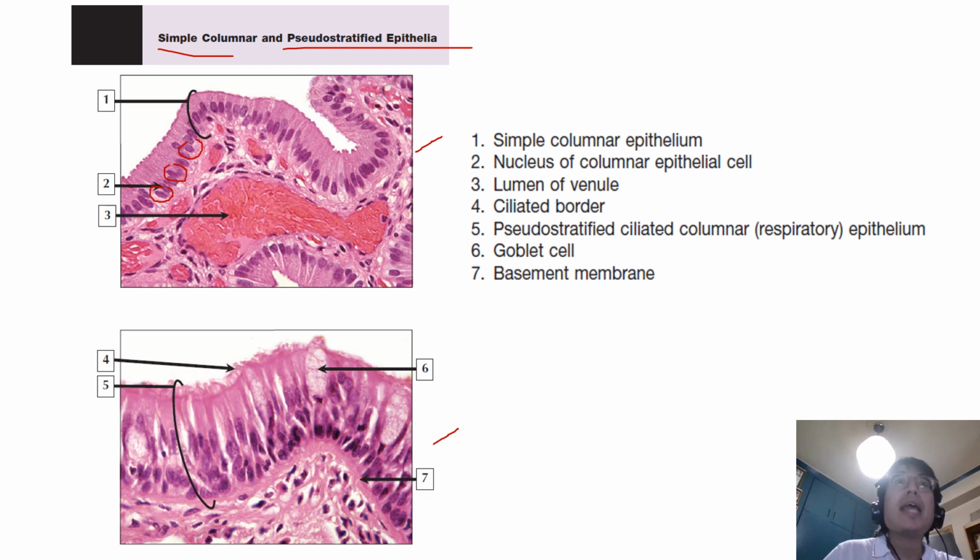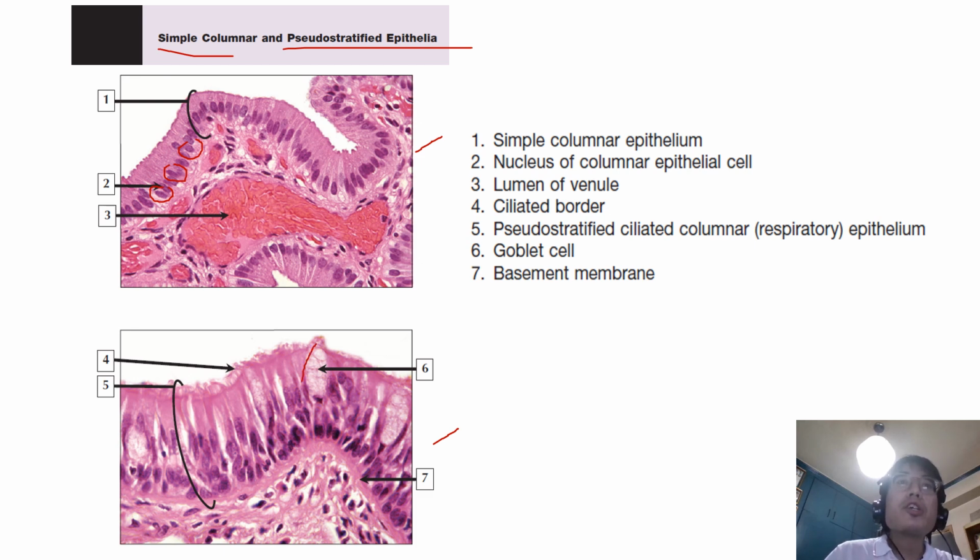Below it, we go into pseudo-stratified epithelium. Four is the ciliated border, or the cilia, of the pseudo-stratified epithelium. Number five here is the pseudo-stratified ciliated columnar epithelium. In this case, this is found in the respiratory tract. It's called pseudo-stratified epithelium again because it's actually just a single layer of cells, but the cells are arranged so disorderly, so haphazardly, giving off the illusion that there is more than one layer, but there's only a single layer of cells.